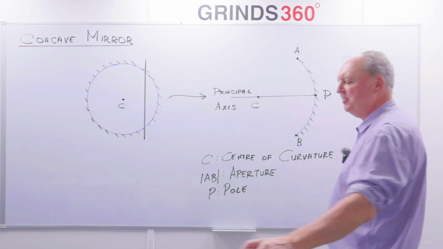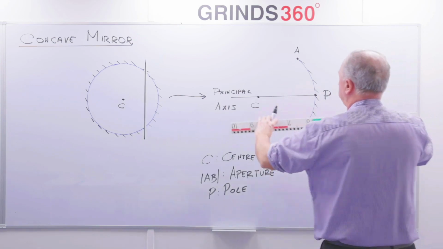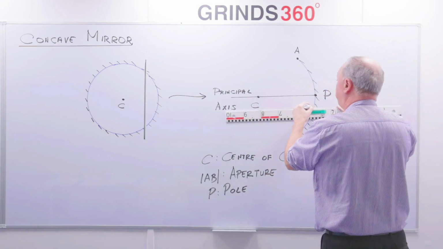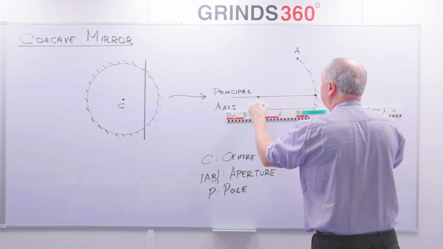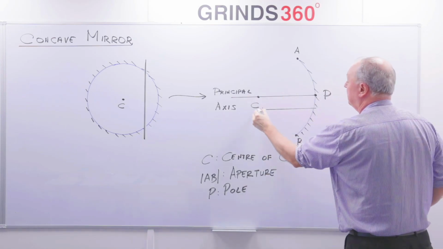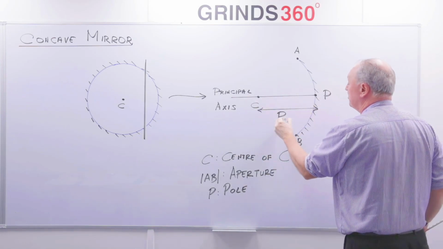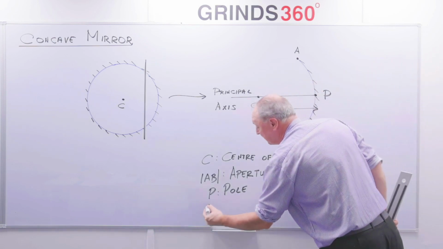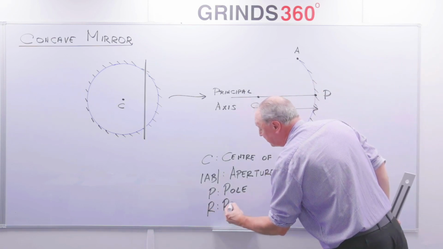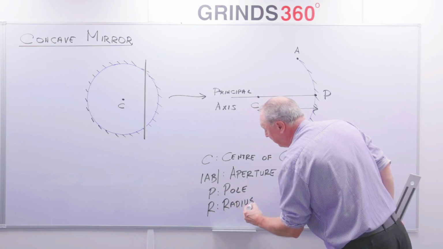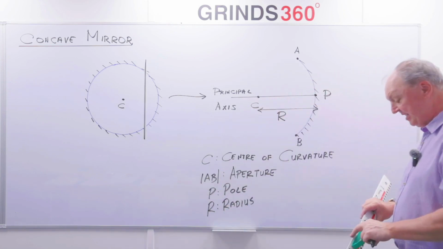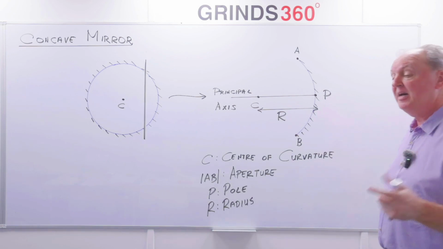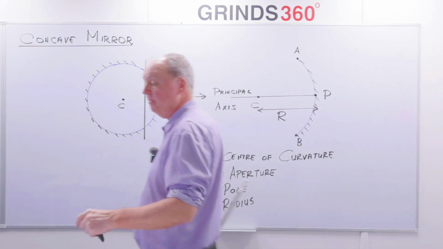The radius would be the distance from C to the pole or to any part on that arc. That there represents the radius. I suppose more fancily we say the radius of curvature. So R stands for the radius or the radius of curvature of my mirror. So now let's explore that mirror in a little bit more detail. I want to shine light onto it and see what happens to the light.